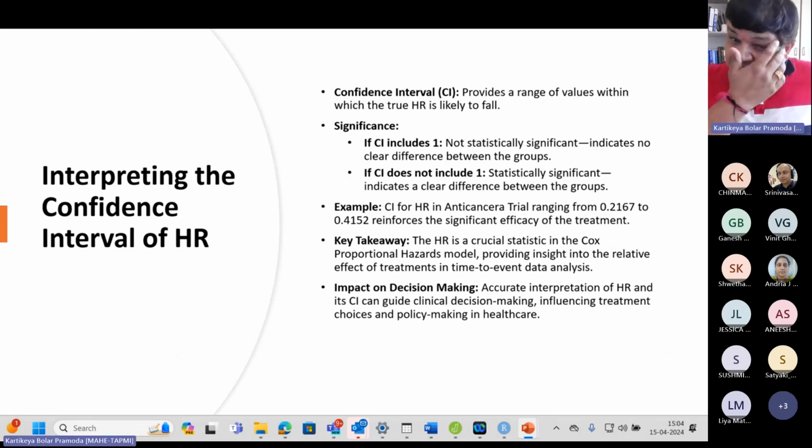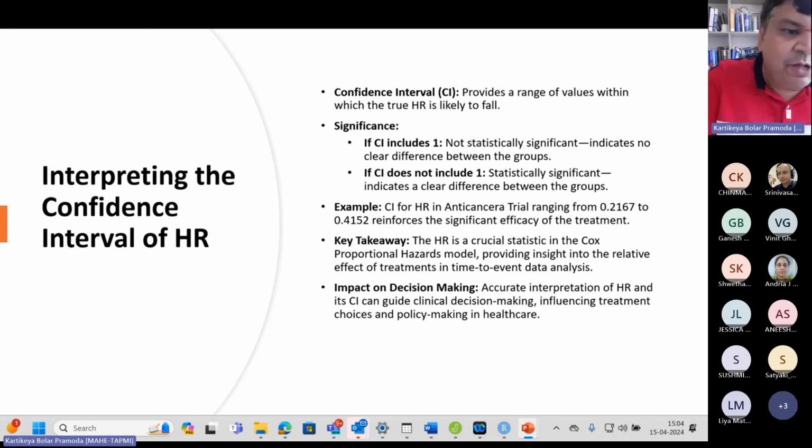The other way to understand is by interpreting the confidence interval of the hazard ratio. As we saw, if the confidence interval doesn't include 1, it means there is a reduction in the hazard, reinforcing the significant efficacy of the treatment.